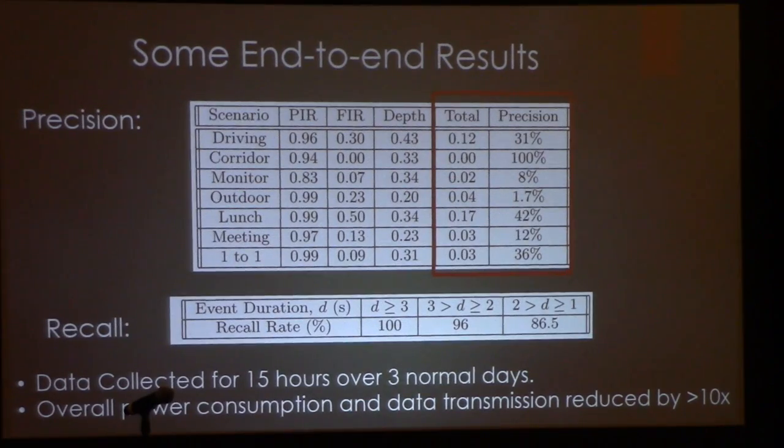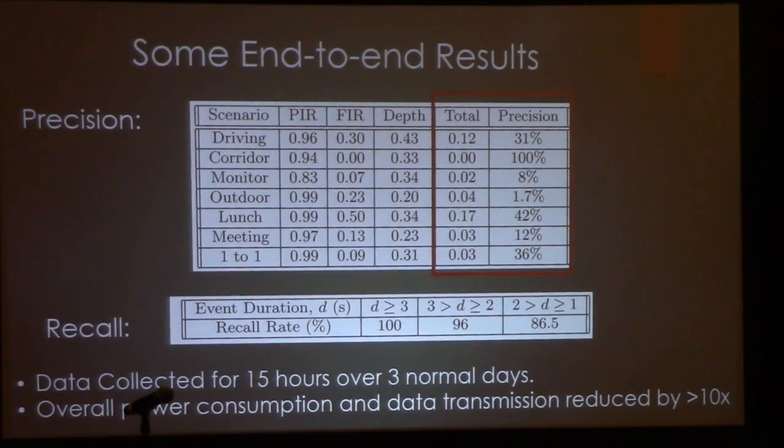On average only 5% of the frames were let through, while the maximum was something like 17%, when I was interacting with people. My hand was coming in and going from one direction, but it's still only 17% let through.